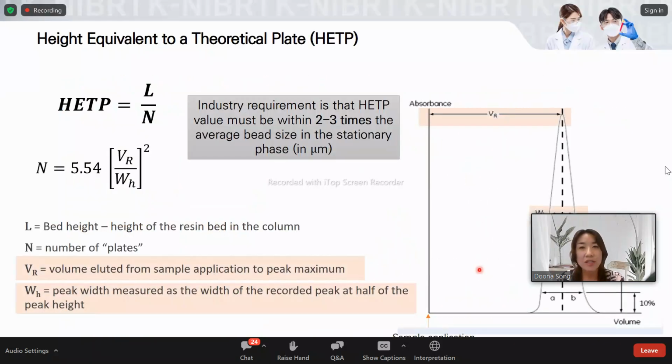So HETP is the height of the section of the chromatography column that theoretically represents one separation step, or one separation plate, of the mixture.